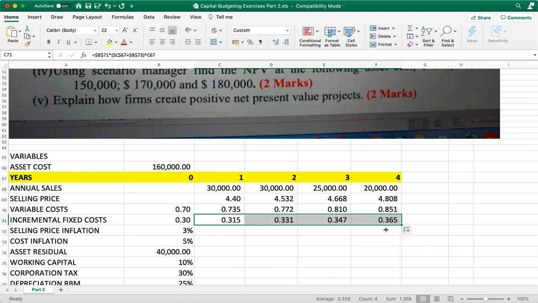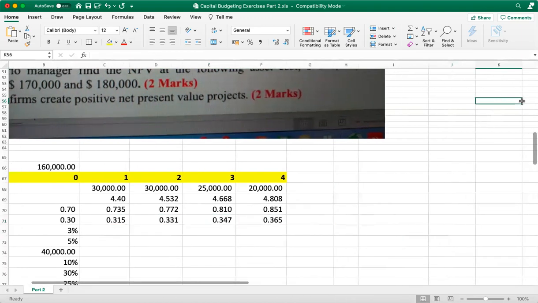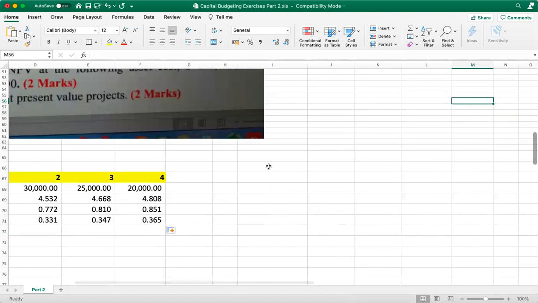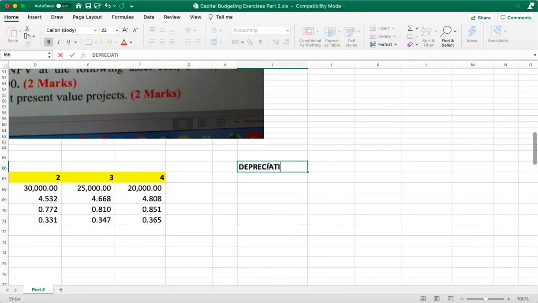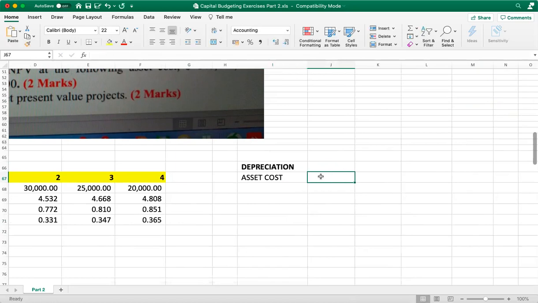So the next thing we need to do is to look at the depreciation component. So we'll go up and say, this is computation of depreciation. For asset cost. Now, what you need to do is to link cells.